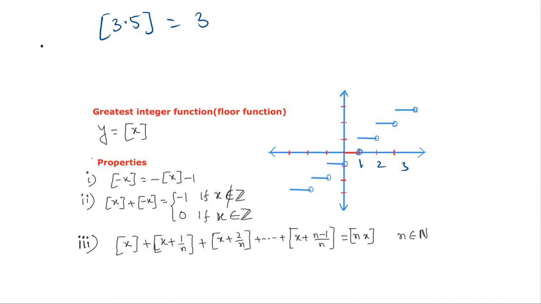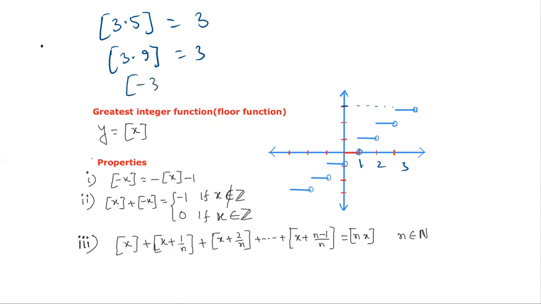Before 3, the graph does not take it, only after 3. If you take values from 3 onwards, the graph becomes a straight line at y equal to 3. In the same way, greatest integer of 3.9 will also become 3.